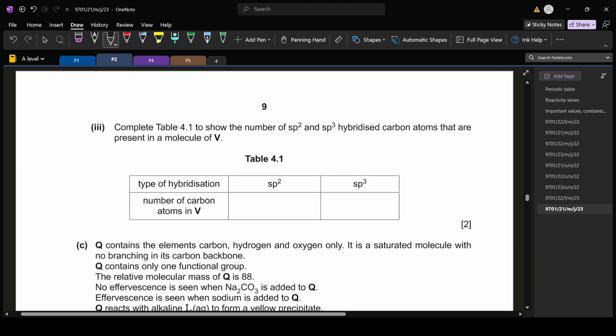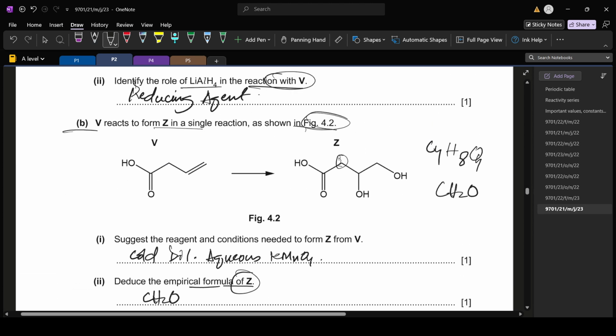Now moving towards next part, complete table 4.1 to show number of sp2 and sp3 hybridized carbon atoms that are present in a molecule of V. In V, you can see that the carbon atom which forms four bonds has sp3 hybridization, and one that forms three bonds has sp2 hybridization.